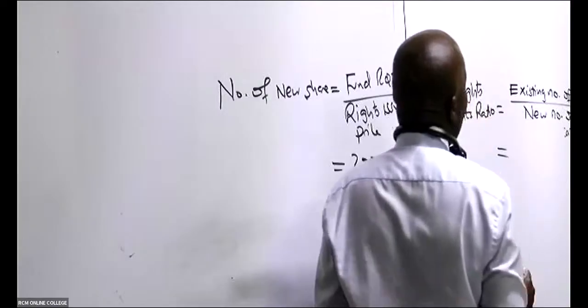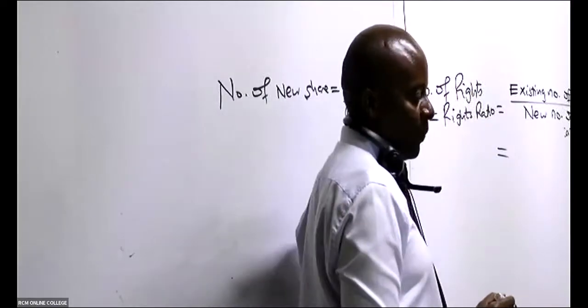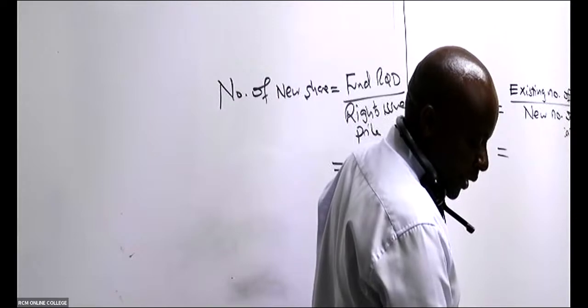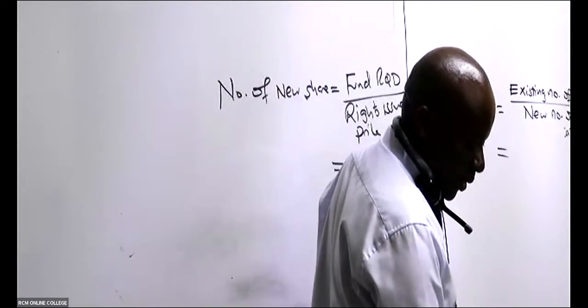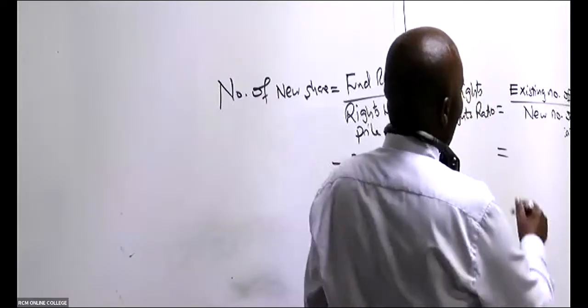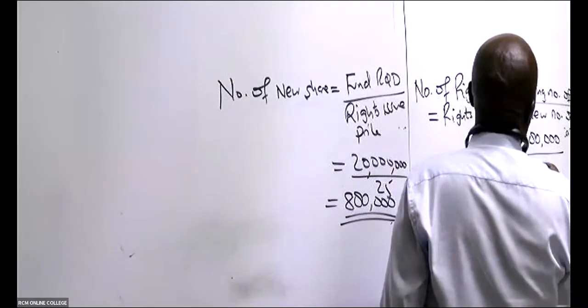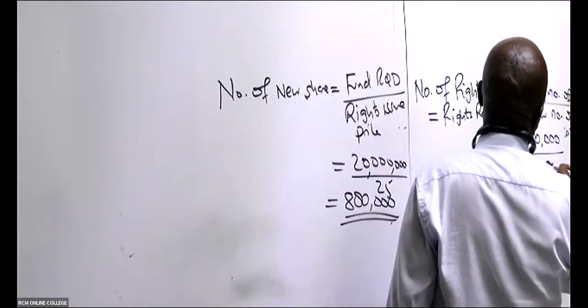So existing number of shares, how many are they? 2.4 million, isn't it? So we have here 2.4 million, divided by the new number of shares that you've just gotten here.